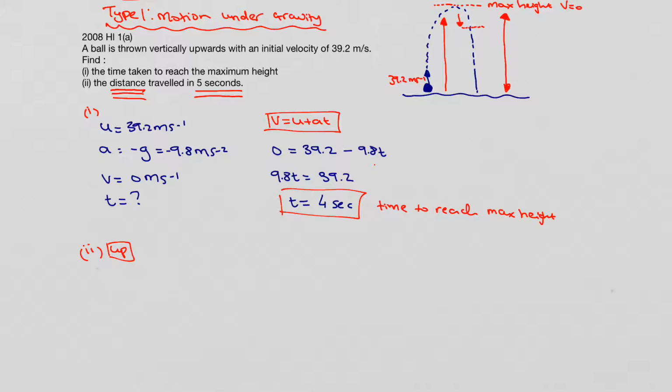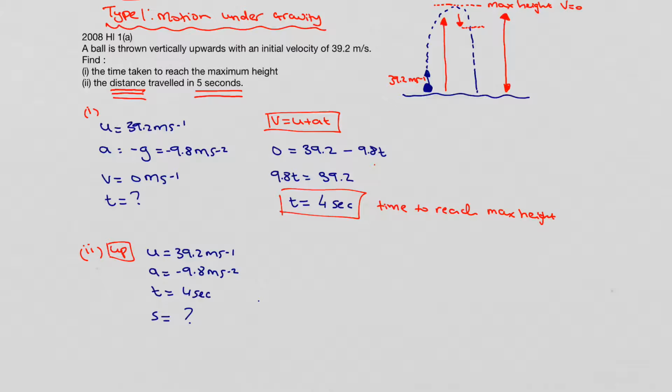And for going up, we know that u is equal to 39.2 meters per second. We know that the acceleration is minus 9.8 meters per second squared. And we have already worked out that the time taken to reach the height is 4 seconds. So if I'm looking for S, I have u, a, and t.